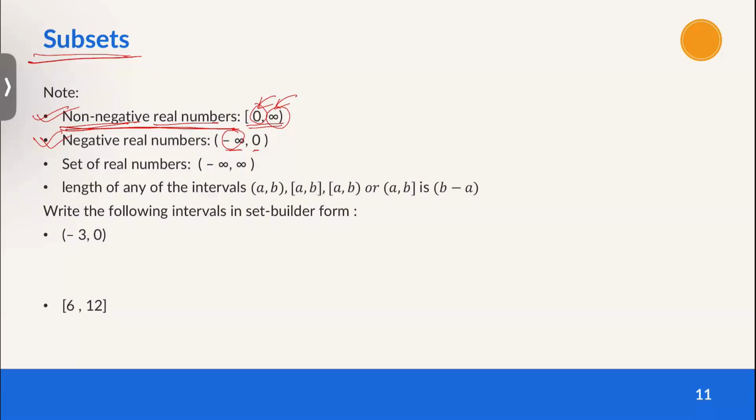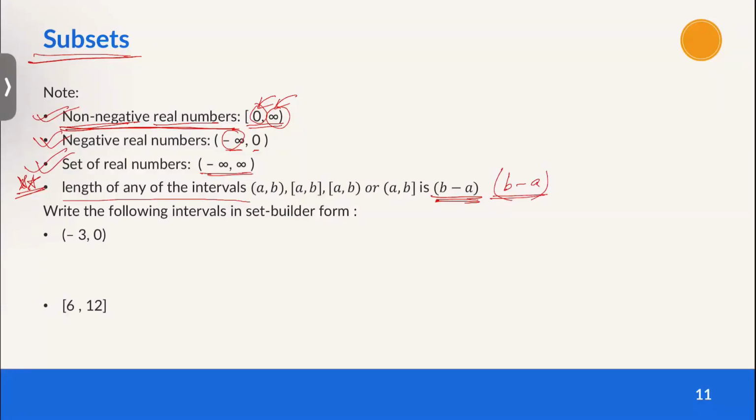The set of real numbers, I have told you that it is noted as an open interval from minus infinity to plus infinity. Now this point is very important. The length of any interval A, B, where one of them is included and one of them is not included, or you can say one is open interval, one is closed interval, in any form, the length will always be equal to B minus A. You include A or not, you include B or not, it doesn't matter.